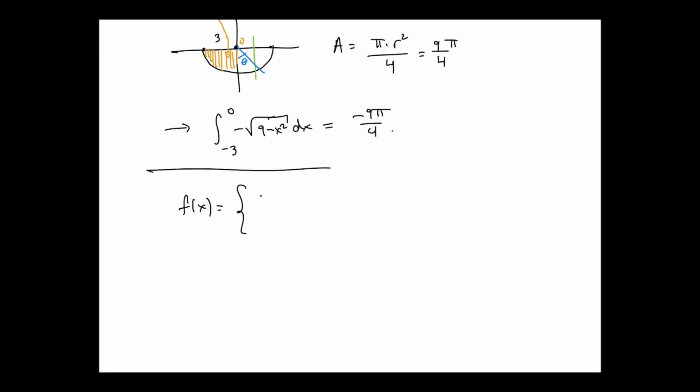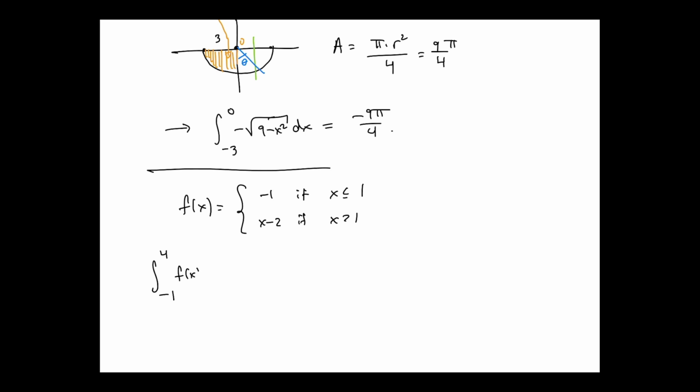It was -1 if x is less than or equal to 1. And what was the other part? x minus 2, if x is greater than 1. And we wanted to find the integral from -1 to 4 of f of x dx.